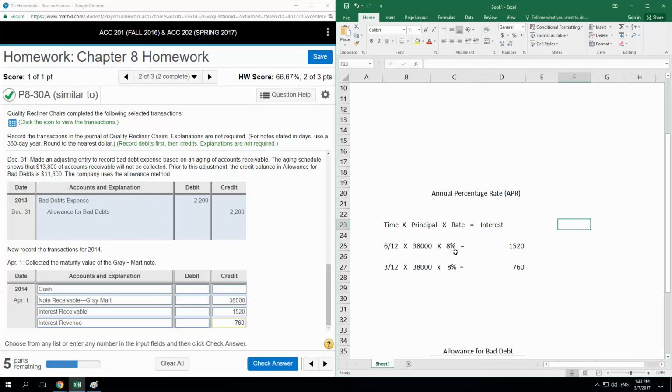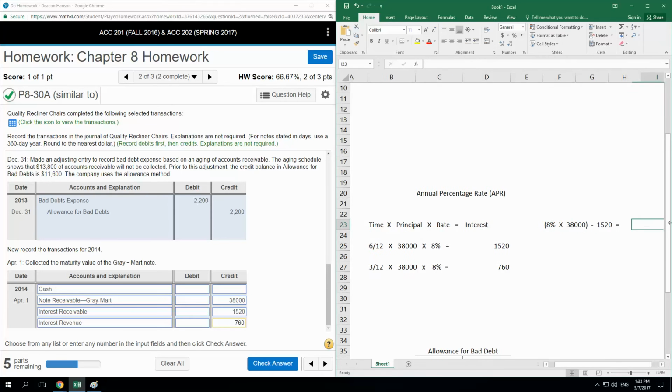So you just take 8% times 38,000, right? If you did that and then you subtracted from that total what you already accrued. So you already accrued 1520. Okay, that'll tell you how much you have for those remaining 3 months.